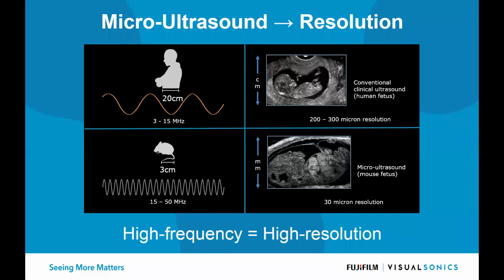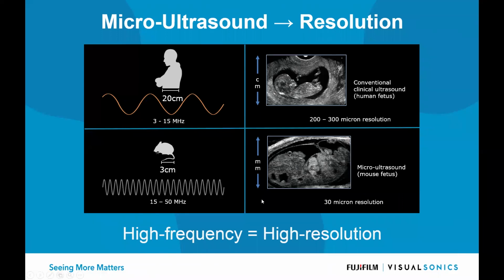So just to remind everybody, what makes VisualSonics systems so different from clinical ultrasound systems is really the frequency. Ultra-high frequency ultrasound gives you very high resolution. So we're able to look at these structures in small animal models, and then, of course, in humans with the Vevo MD system, at a very, very high resolution, millimeters versus centimeters.